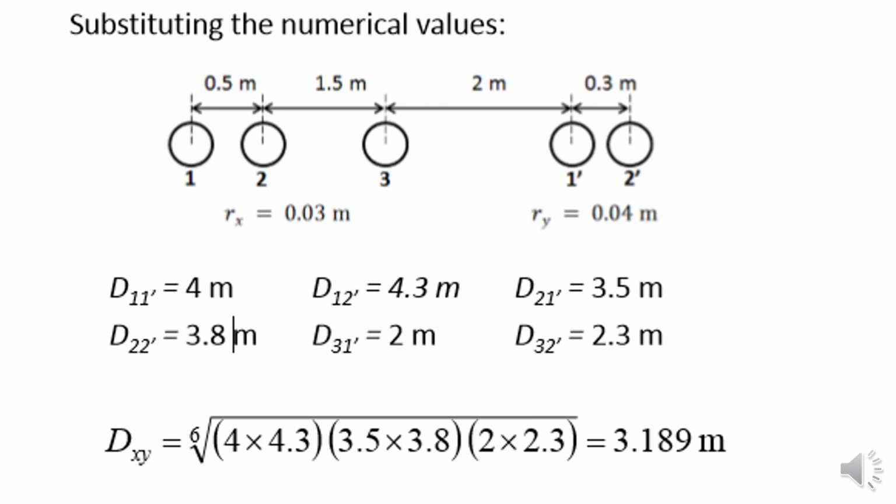Then D2 2 dash, between 2 and 2 dash, is 1.5 plus 2 plus 0.3, 3.8. Then D3 1 dash is the distance between 3 and 1 dash, which is just 2, right? Then D3 2 dash is 2 plus 0.3, 2.3.